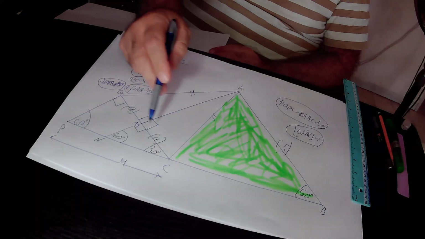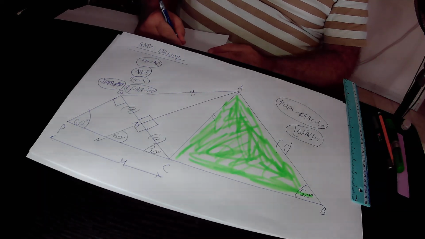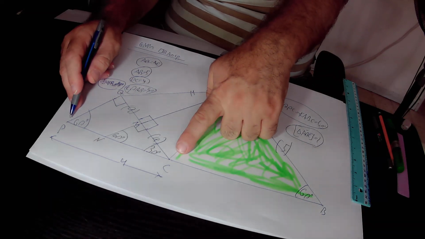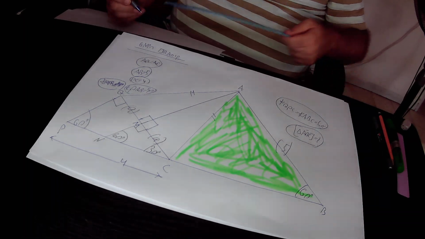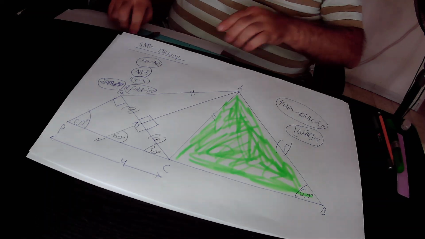NC is the missing side, so we leave it as it is, over PC. PC equals 4 units in its length, according to what is given in the question. And it is equal to MC.